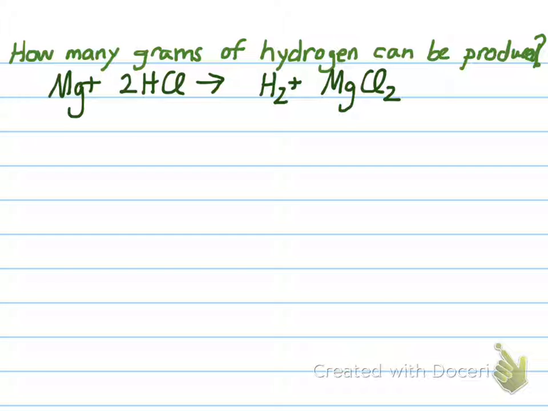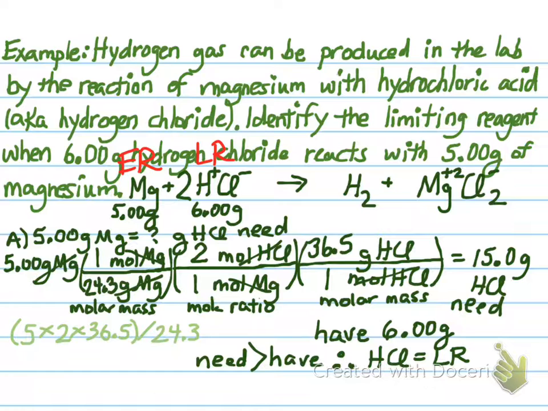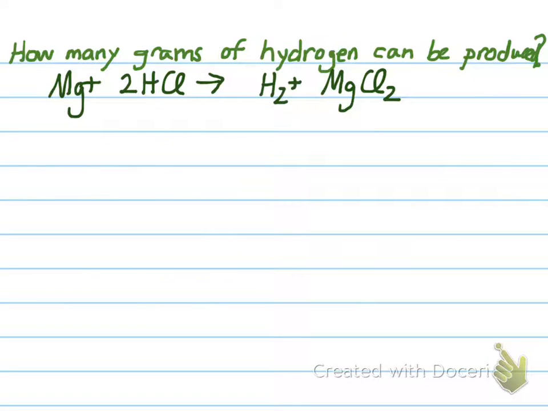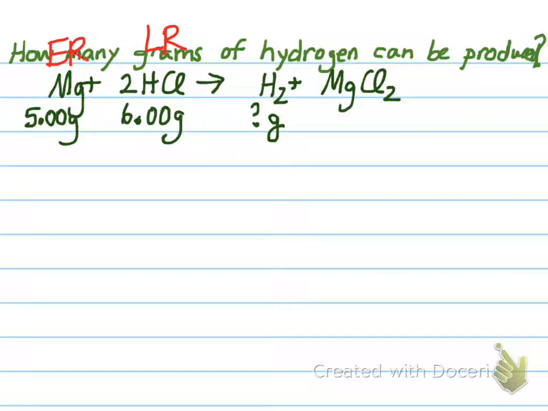We had 5 grams of this and 6 grams of this. We're asking to figure out how many grams of this can be produced. We determined that our limiting reagent was our hydrogen chloride and our magnesium was our excess reagent.